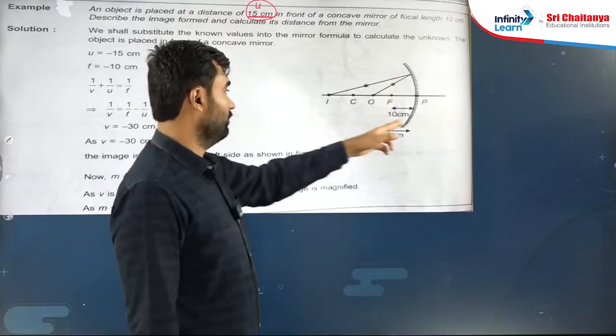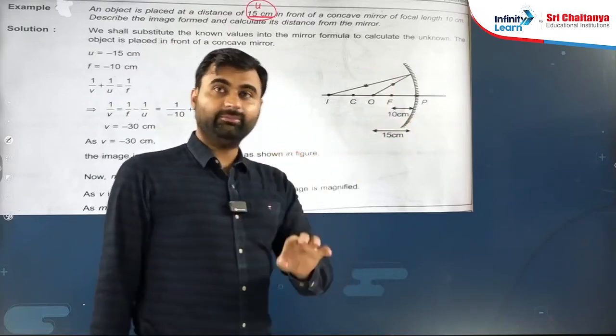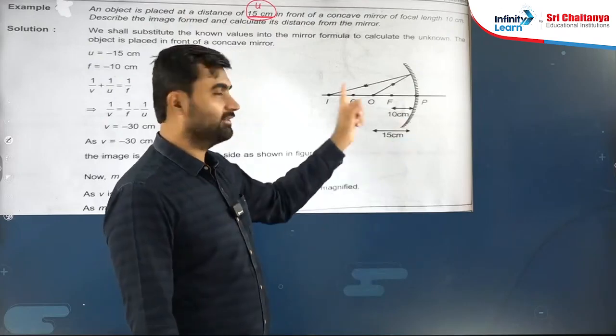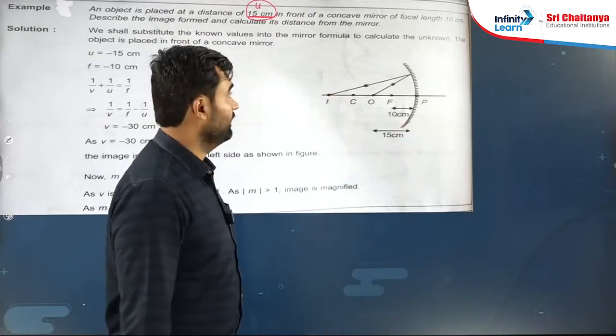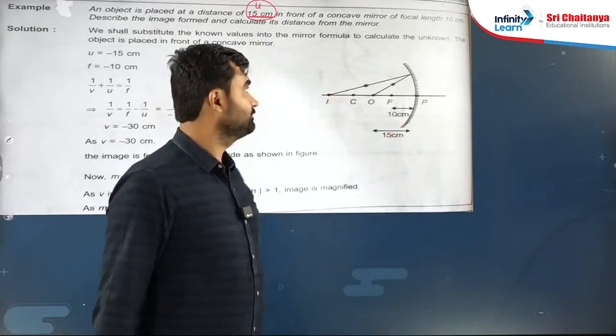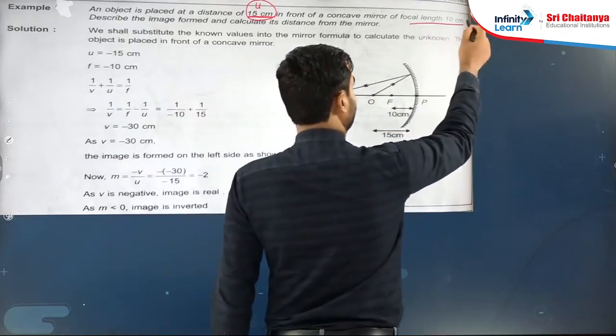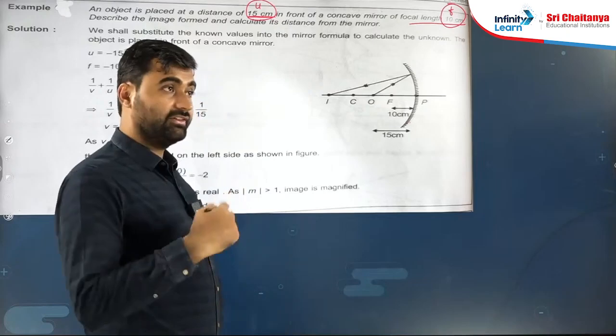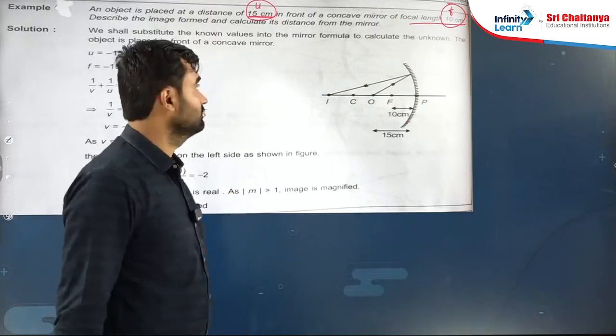So the mirror is concave. At the same time you have to think where the focus is. The focus of a concave mirror is on this side, and focal length is negative. So focal length is also given, F is given. It is negative, so we will use a negative sign.